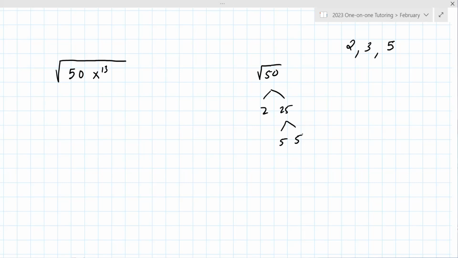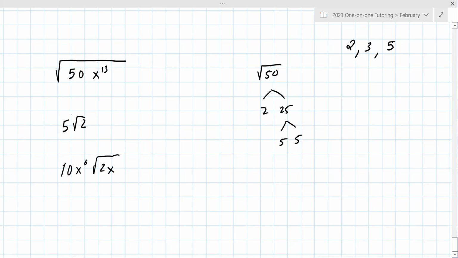How are you doing on this one? I have 10x to the 6th times the square root of 5x. 2x.